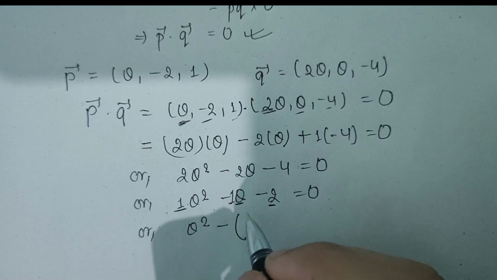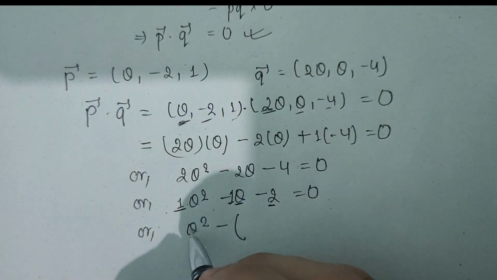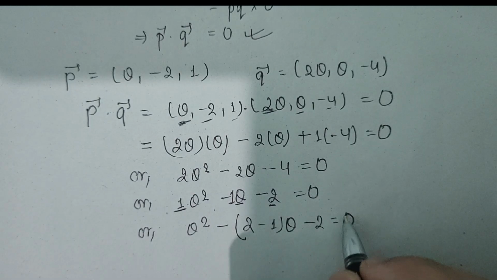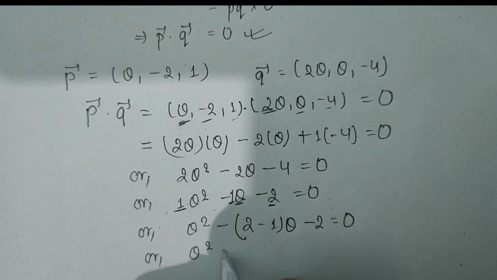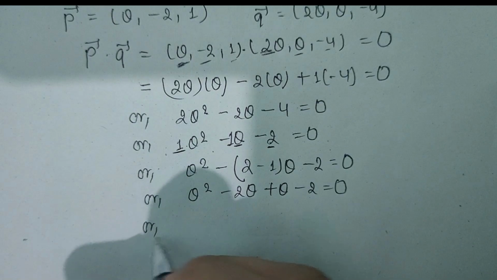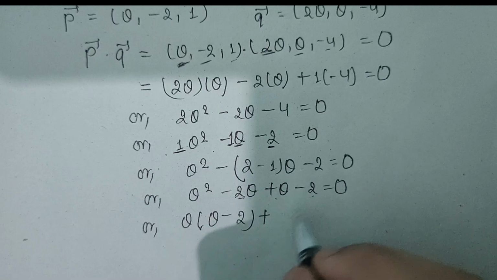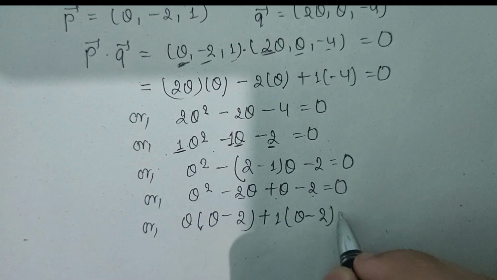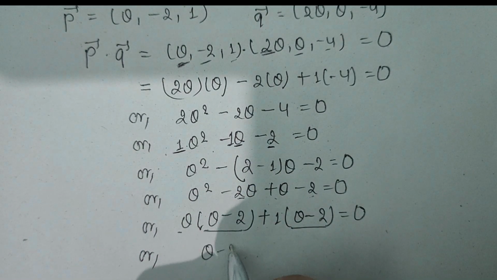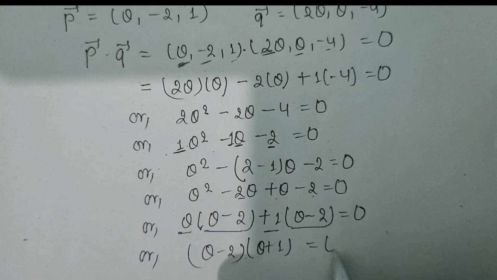If there is nothing, then it is 1. So we can write this as theta squared minus 2 theta plus theta minus 2 equals 0, or theta into theta minus 2, plus 1 common, theta minus 2 equals 0, or taking theta minus 2 common, we get theta minus 2 times theta plus 1 equals 0.